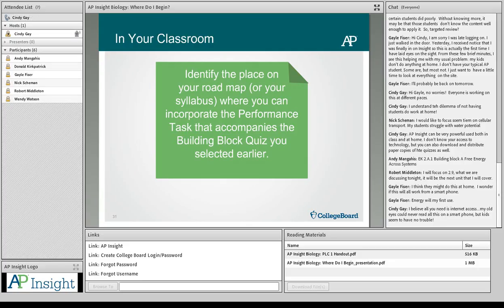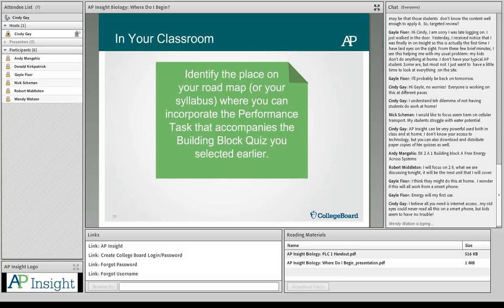And I'll give you about 7 or 8 minutes again. If you finish before, go ahead and raise your hand, and that way I won't hold you up. So I'll give you about 8 minutes to use the AP Insight platform, take a look at those performance tasks, and think about where you might plug them into your syllabus.